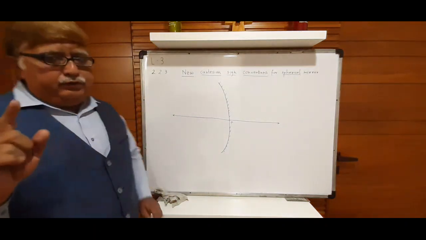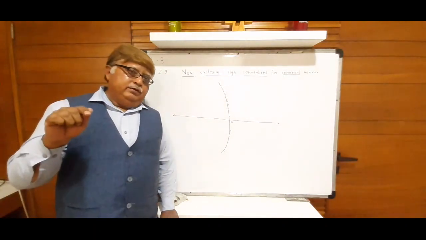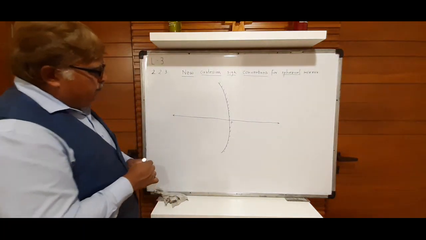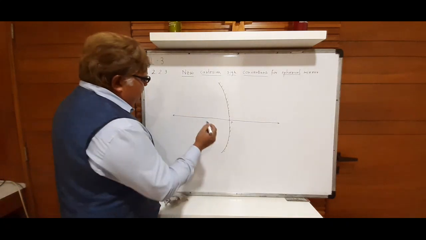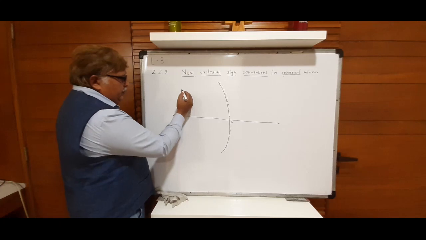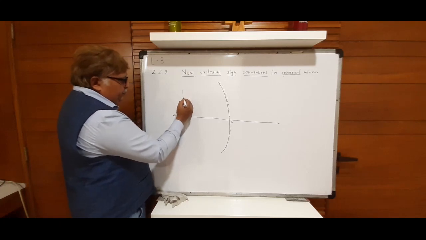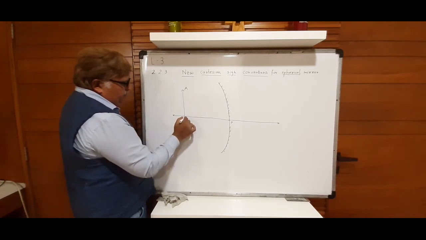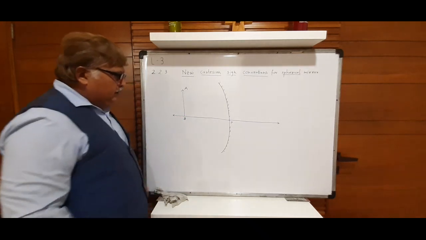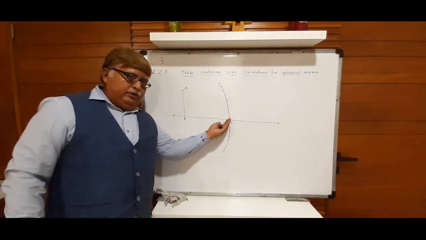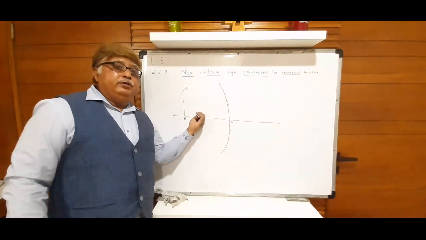First rule, please note down rule number 1. Cartesian sign convention, rule number 1. First you understand, then I will dictate. This is the mirror. Suppose the object is kept here. Suppose AB is the object. Object is kept to the left side of the mirror.